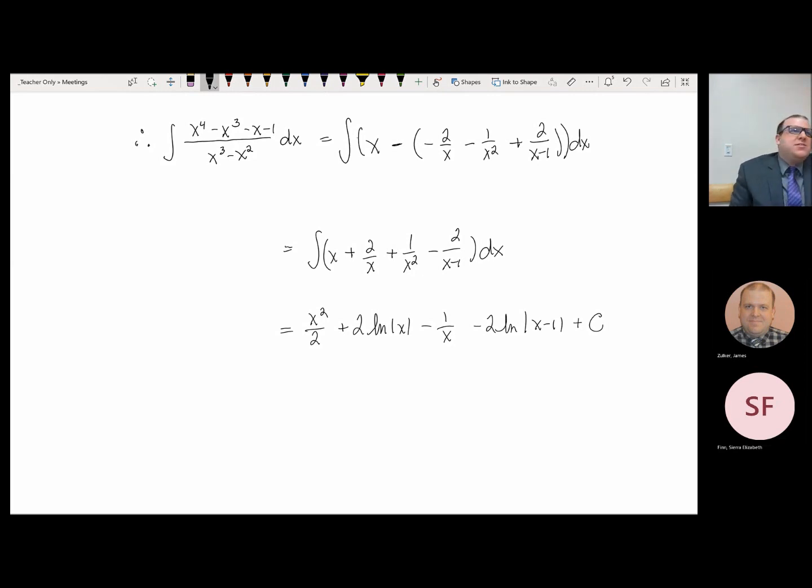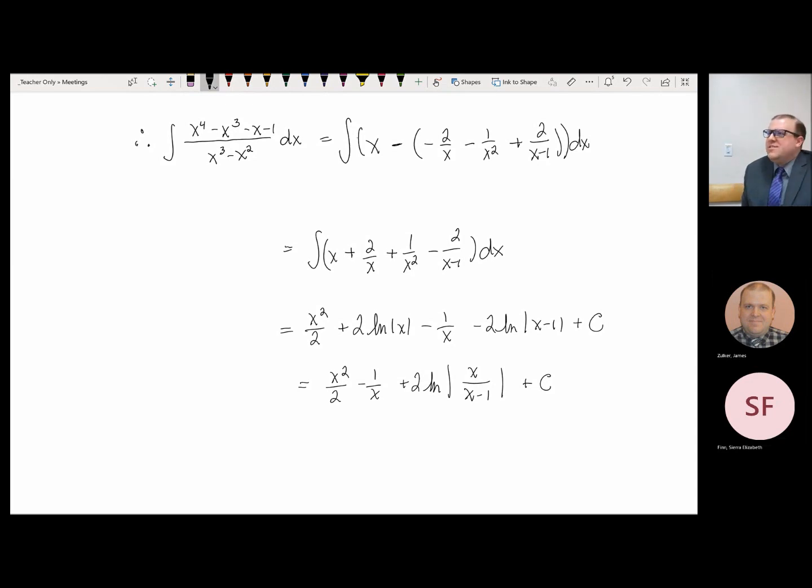By the way, we can simplify this. I was thinking of applying the two to the natural log. We could also just square what we're taking the natural log of to get rid of that too.